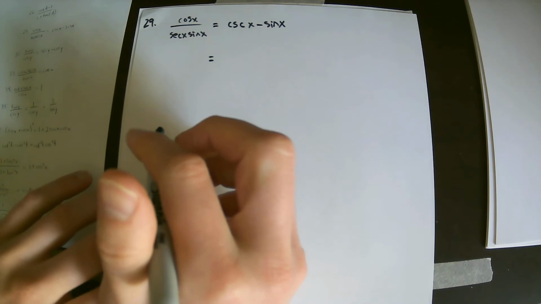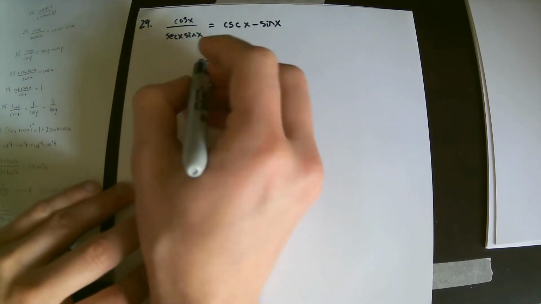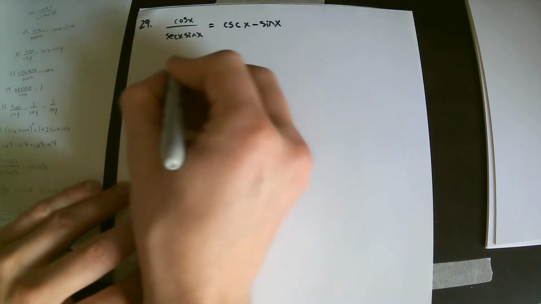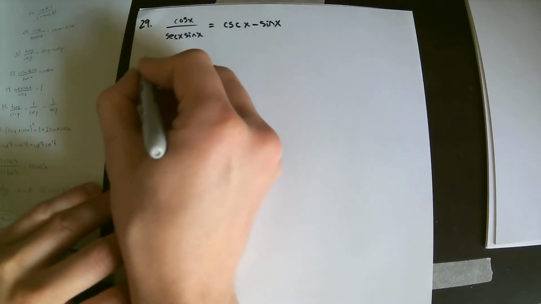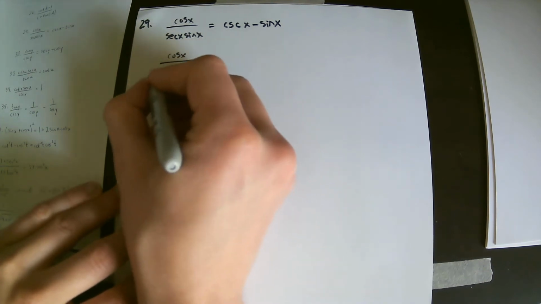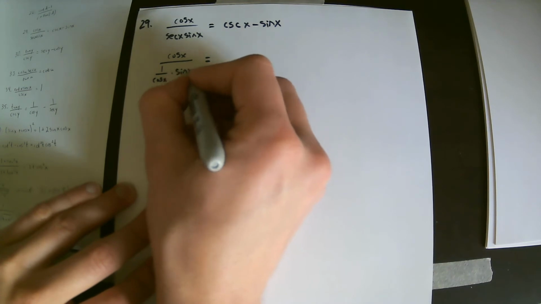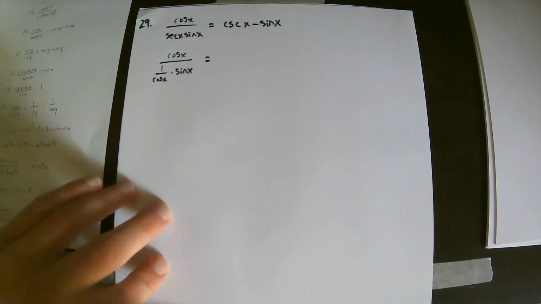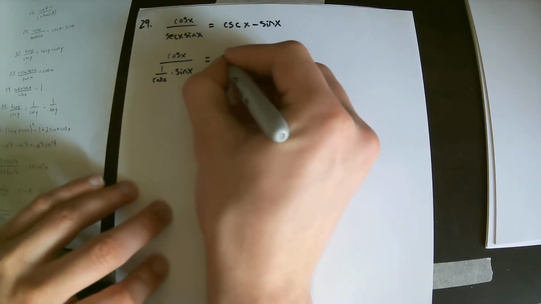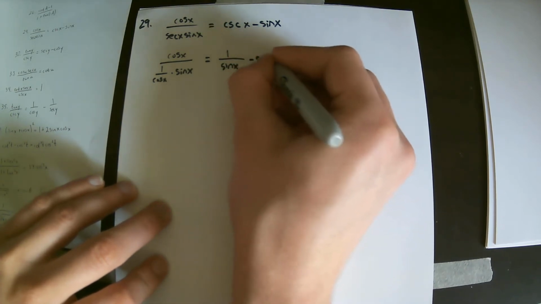So let's see. Cosine over secant times sine. Well, secant, let's see, what have I got here? Cosine of x over 1 over cosine of x times sine of x. This is equal to 1 over sine of x minus sine of x.